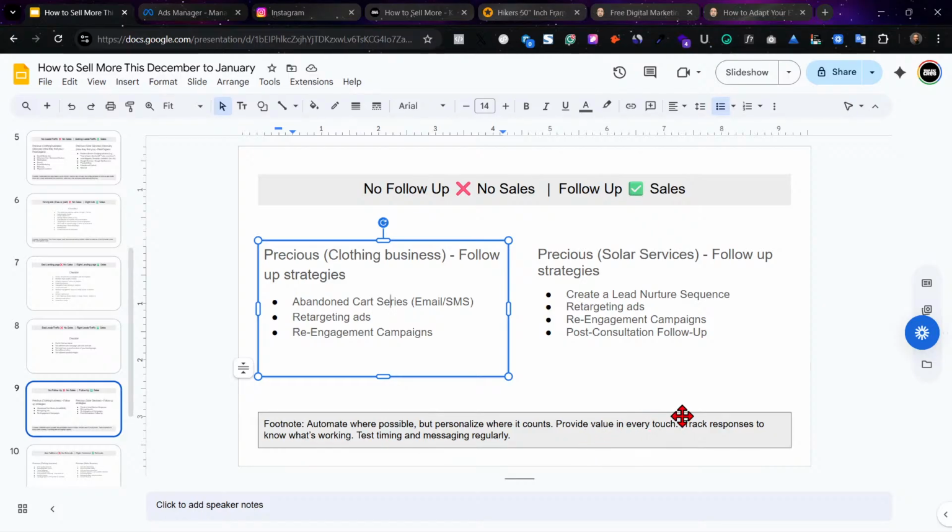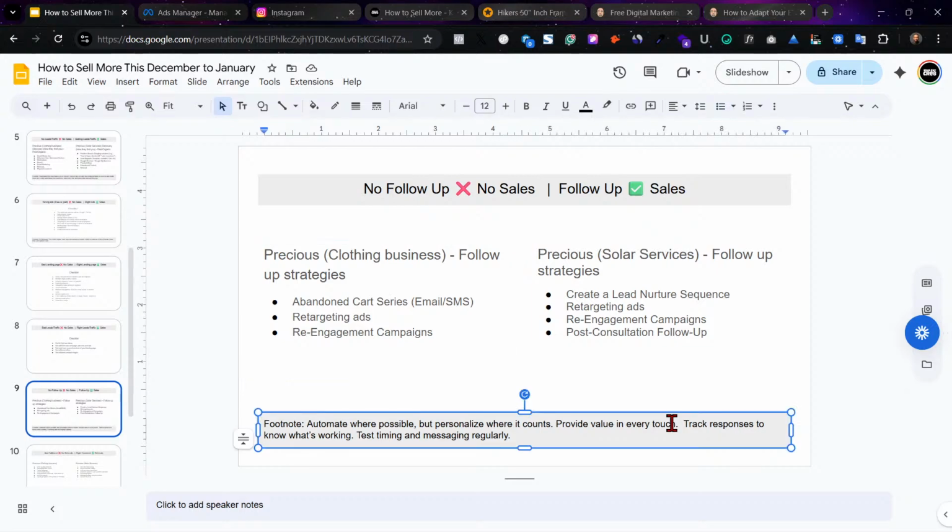People need value. Some people don't need much value, they can just buy from you directly, especially when they've seen that you've done it for someone. For example, if you are in the solar business, right? I'm using solar because Precious is in solar, and she's in clothing, and you've done clients and we've done a video for someone.